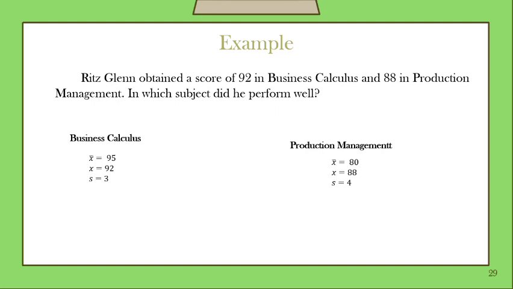So dito naman sa production management, mas mataas yung score niya kaysa sa mean. So ibig sabihin, pwede nating masabi na mas maganda yung performance niya dito sa production management. Gamit lang yung mean value, pwede nating masabi na mas maganda yung performance niya sa production management. Pero paano naman kung sa standard deviation?